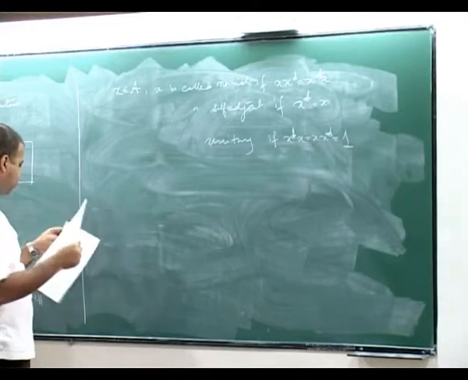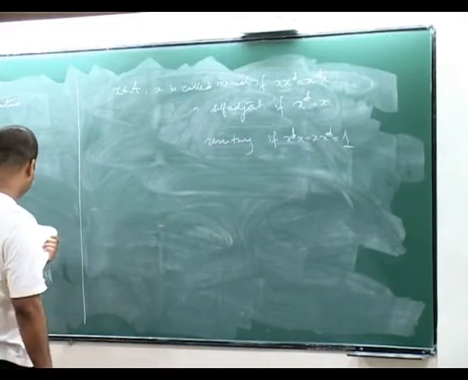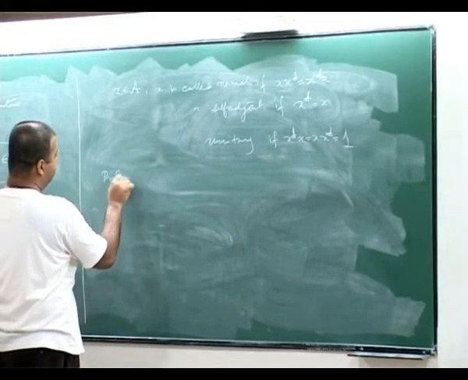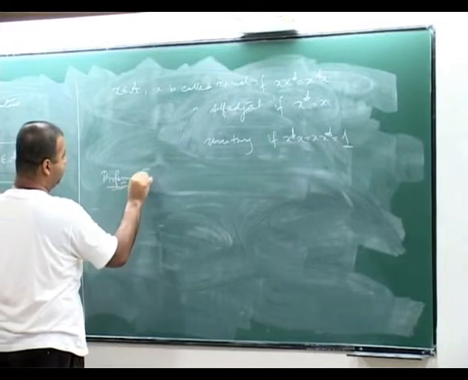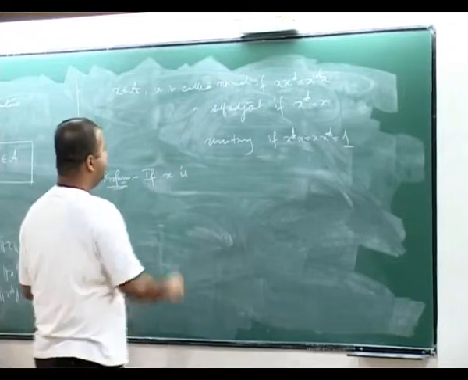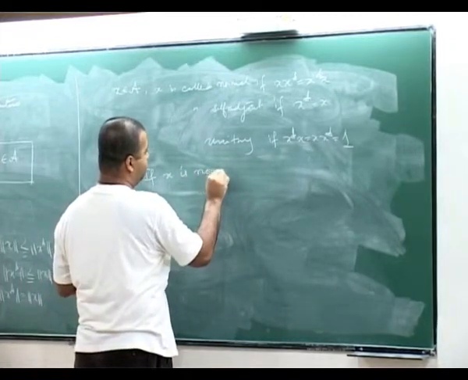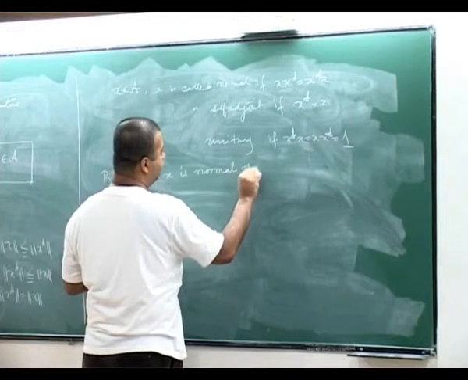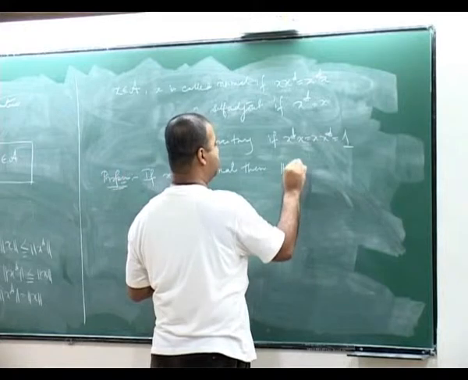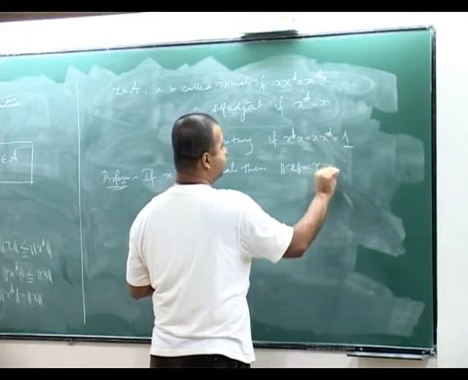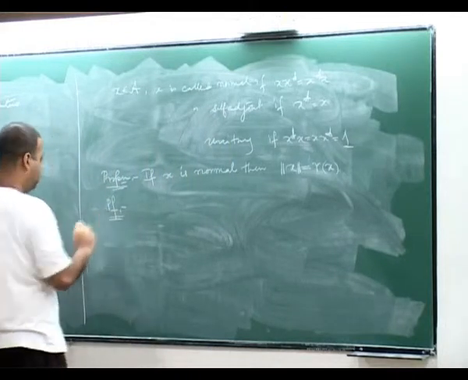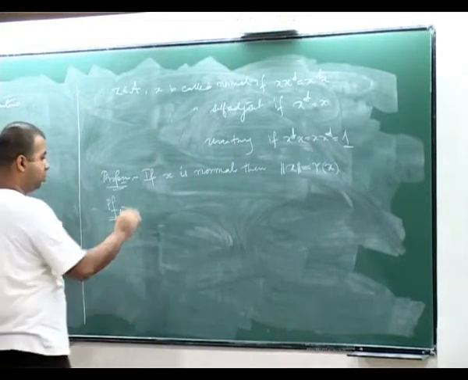Okay. So I want to prove the following proposition, that if x is normal, then norm x is the spectral radius.